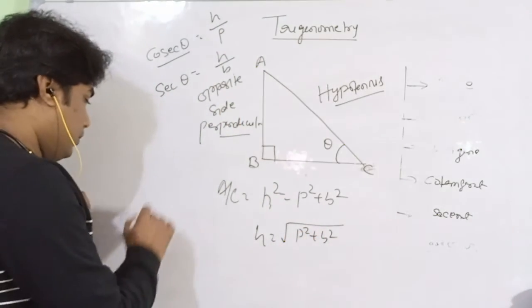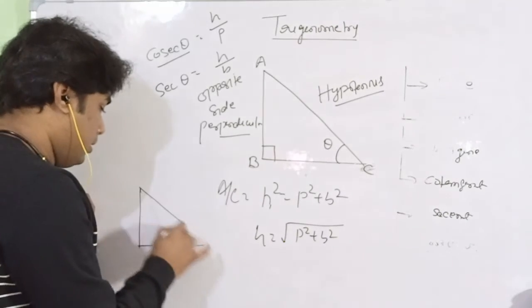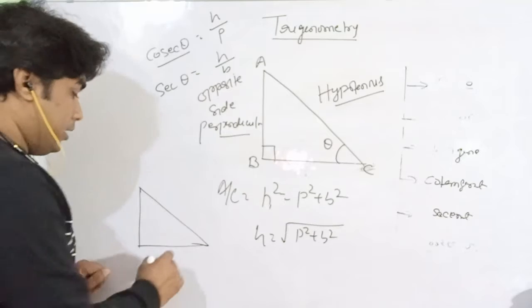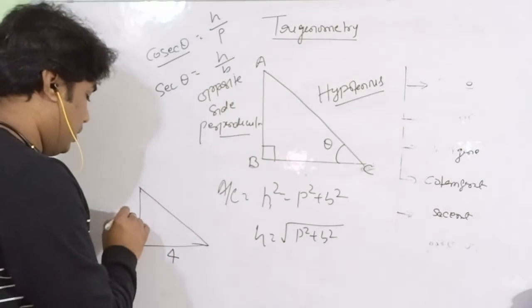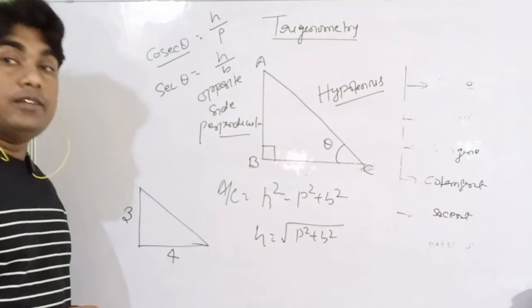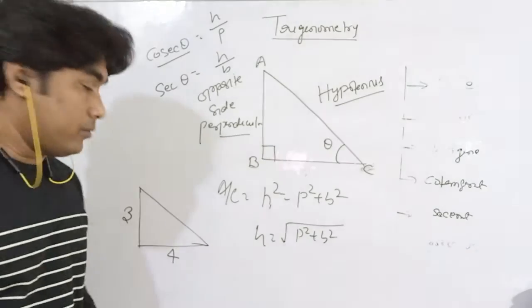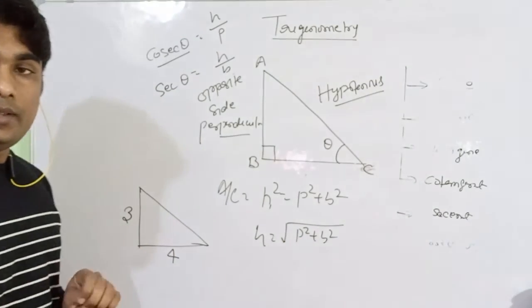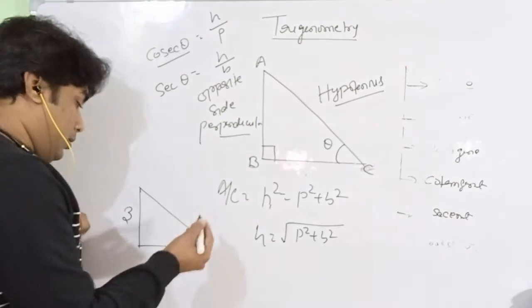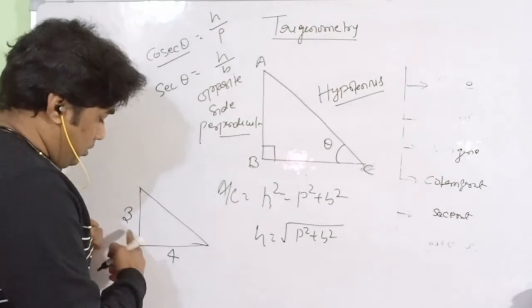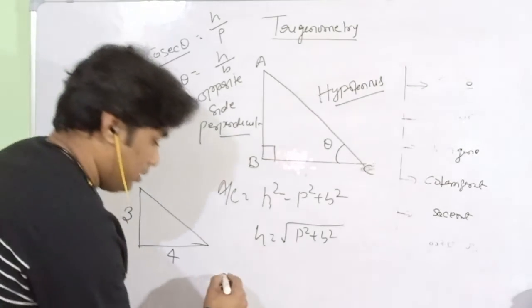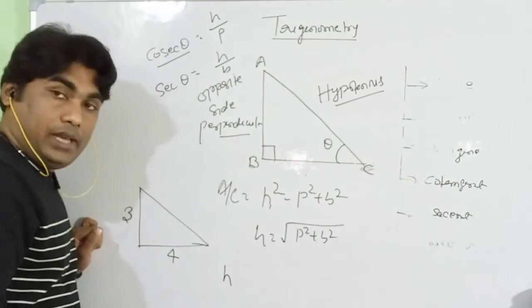Suppose someone says, if base of a right angle triangle is 4 and perpendicular is 3, then find sine theta. Then first we are going to find the hypotenuse of a right angle triangle. If p and b are known, then we can easily find h.